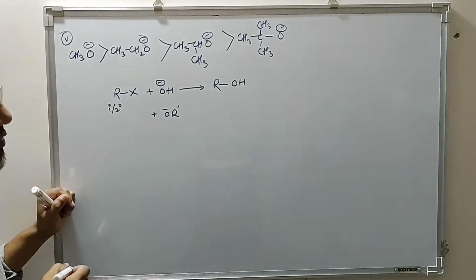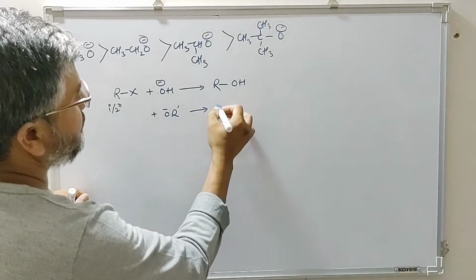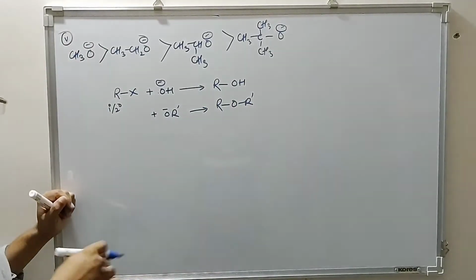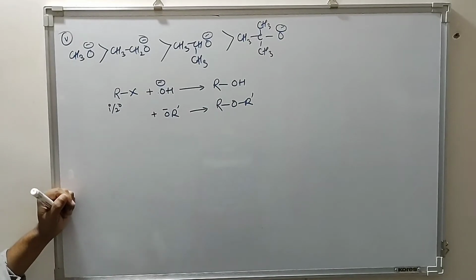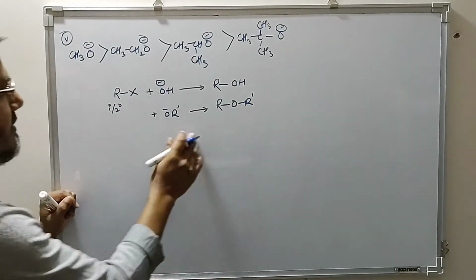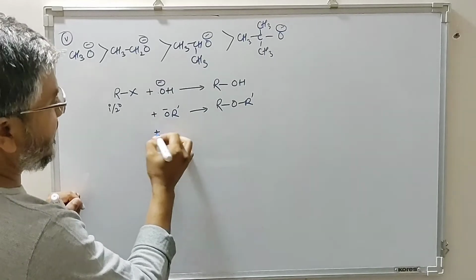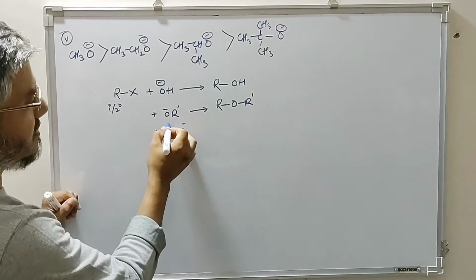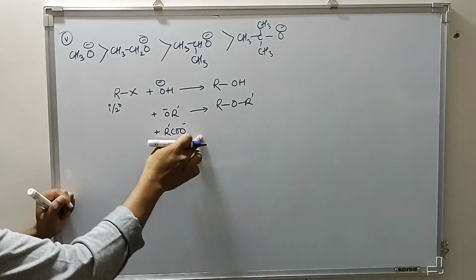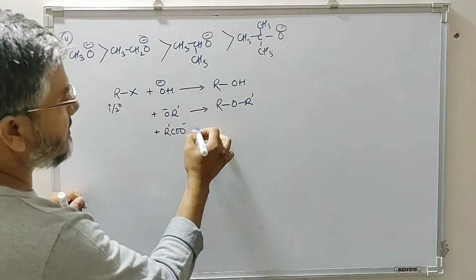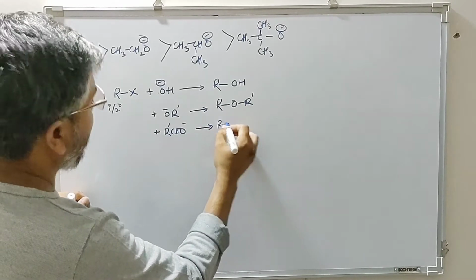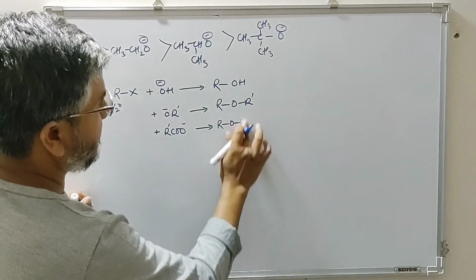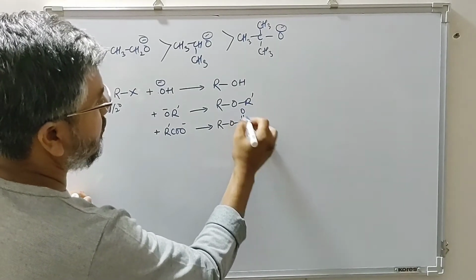If we start with OR prime minus alkoxide ion, then this gives you ROR prime. This reaction is known as Williamson ether synthesis. We are getting ether from alkyl halide. If we react with RCOO minus, let this be R prime carboxylate anion, this is the nucleophilic site, so we get R-O-C double bond O-R prime.